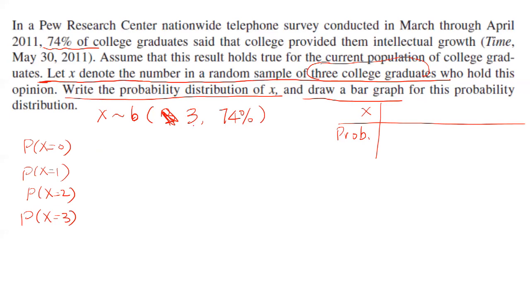Because we conducted 3 trials here. Of the 3 trials, there can be 0, 1, 2, or 3 successful trials. Okay, according to the binomial formula, the probability of X being 0 is C(3, 0).